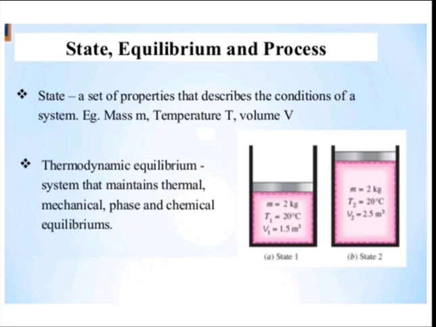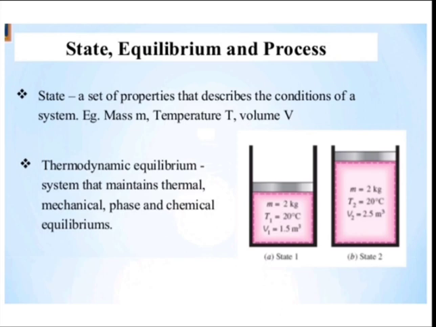Here, state 1 is M, T1, V1, which represents a set, and here M, T2, V2. So this is for state 2 and this is for state 1. So the group of a number of properties is called a state.